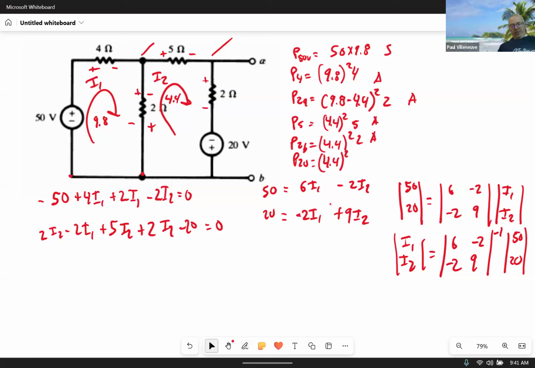Oh, I squared it. I shouldn't have squared it. So that's 4.4 times 20, so it's really I times V. Is it supplying or absorbing? Supplying, because in the direction of current, the voltage is increased.